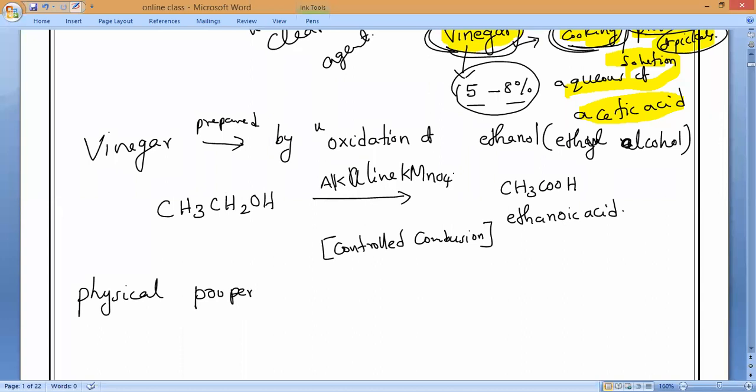Instead of alkaline KMnO4, we can use what, guys? Acidified potassium dichromate, K2Cr2O7.